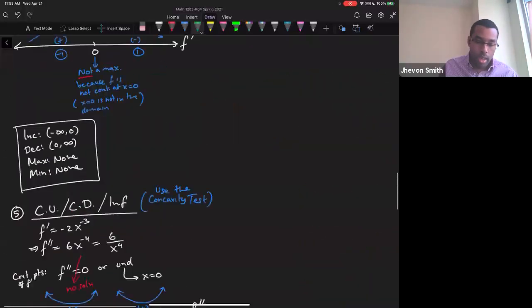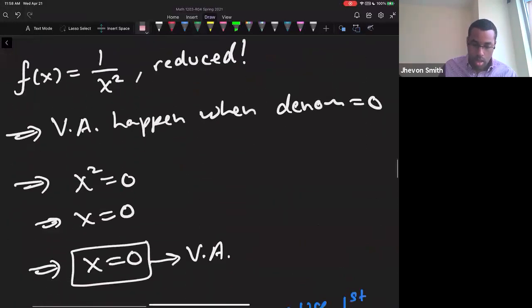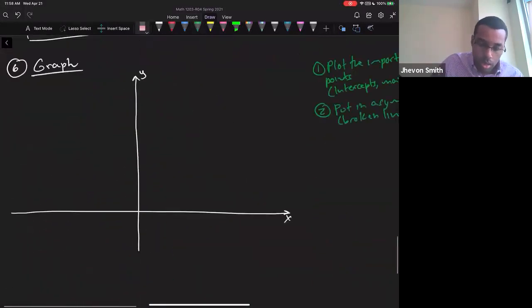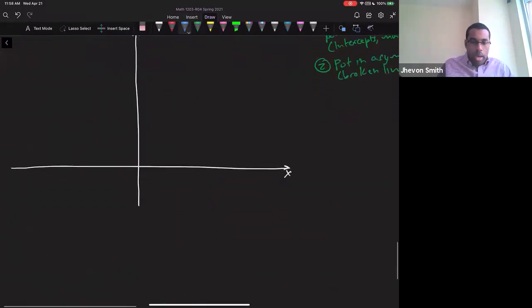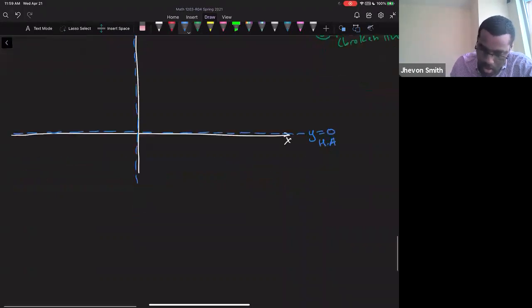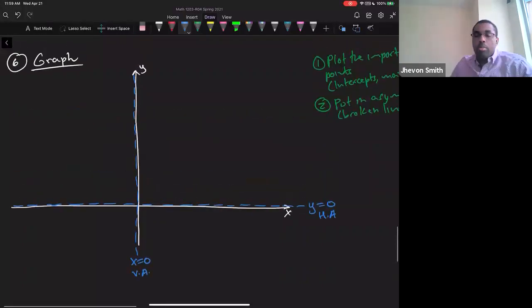We do have that. y equals 0 was a horizontal asymptote, and x equals 0 was a vertical asymptote. y equals 0 is just the line running along the x-axis. x equals 0 is the line running along the y-axis. So I put those in.